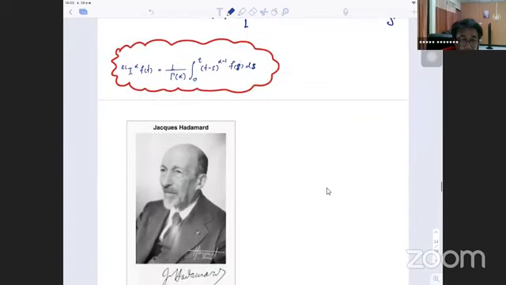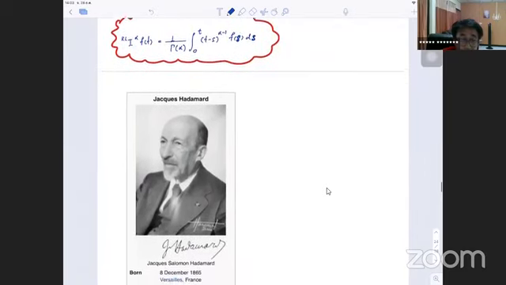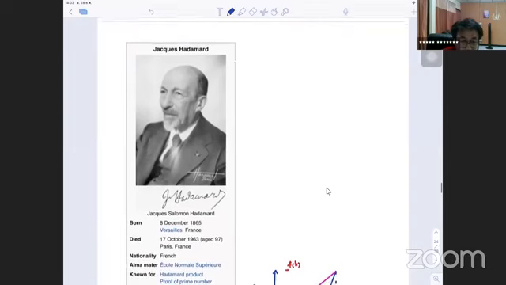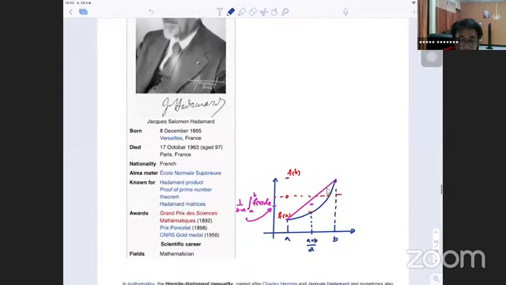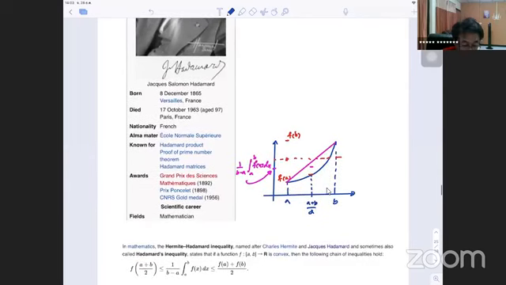And here is Hadamard. Hadamard is a famous mathematician. He studied many inequalities. The famous inequality is the Hermite-Hadamard inequality, which is applied in statistics.